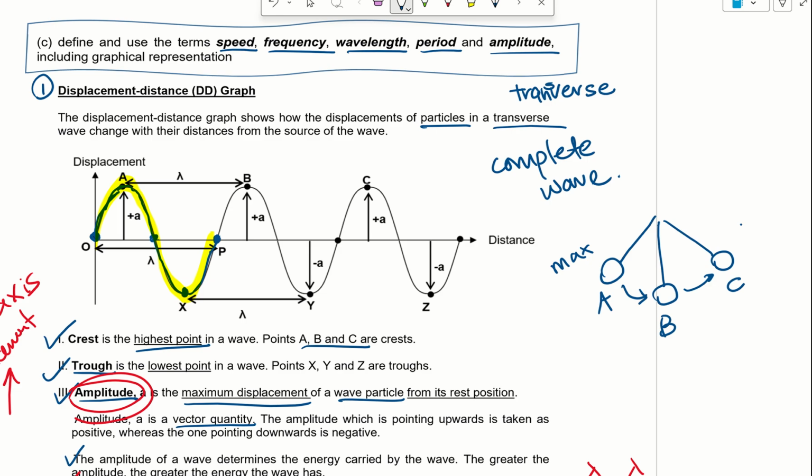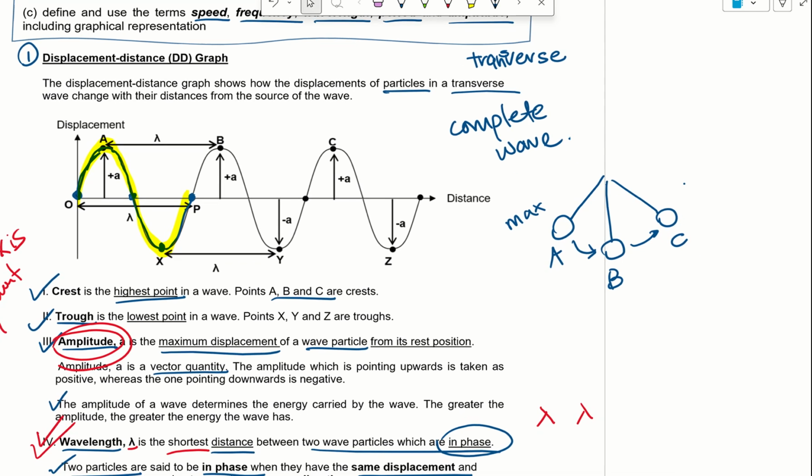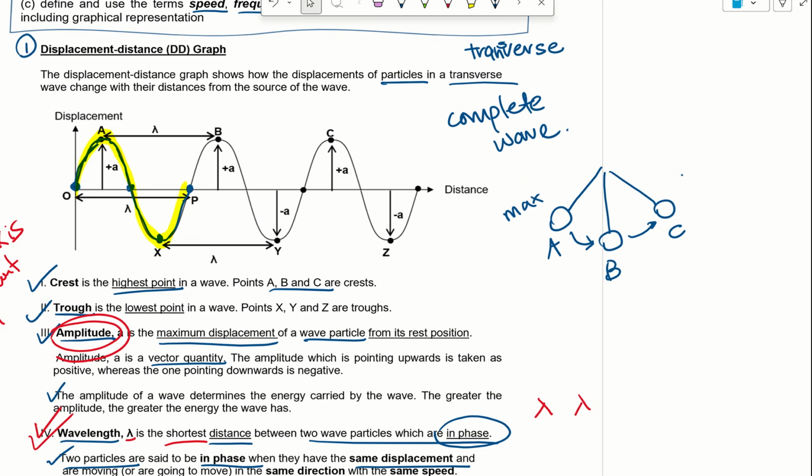Is this one complete oscillation? You have learned in the pendulum, to find the period of a pendulum, this is actually half an oscillation. So in order to complete one oscillation, it needs to go from A to B, and then to C, and then back to B, and back to A again. So this will be one complete oscillation.